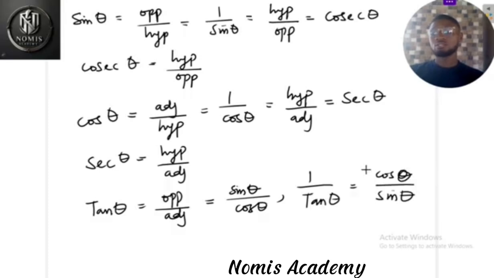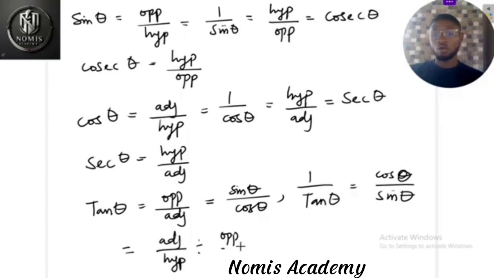If this becomes the case, you will remember that cos theta is adjacent all over hypotenuse, divided by sine theta, which is opposite all over hypotenuse.